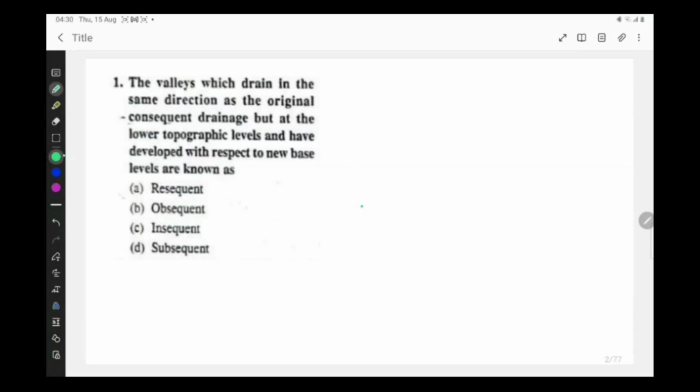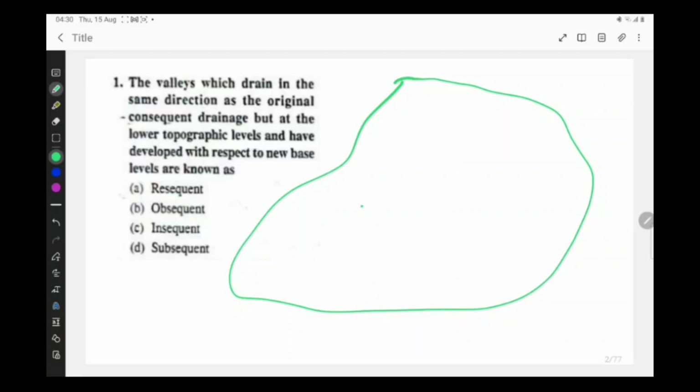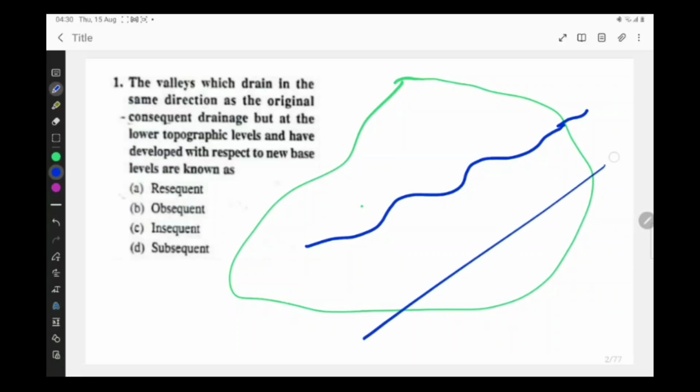Consider this is the drainage basin and there is a stream flowing through this basin which is the main stream, and the slope is in this direction, the general slope of this basin.